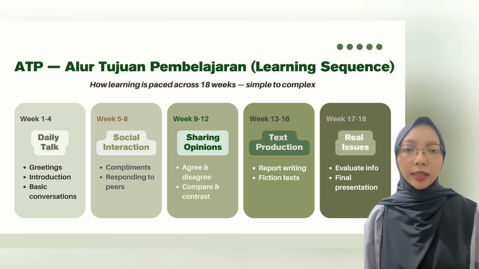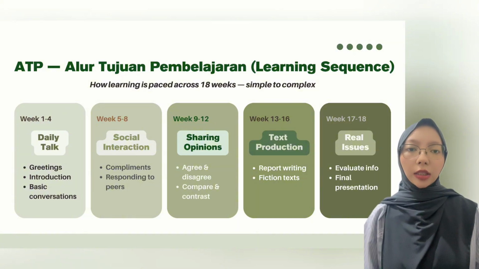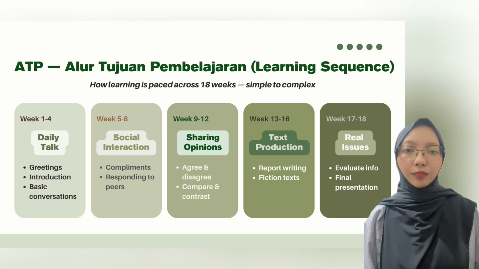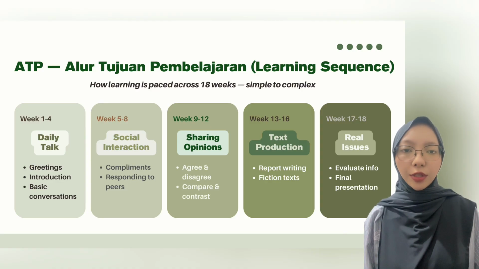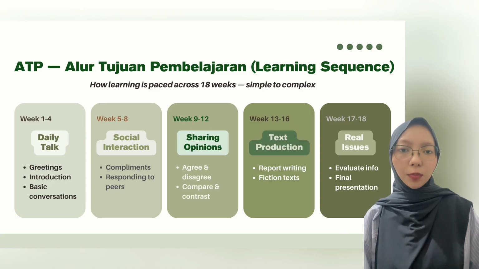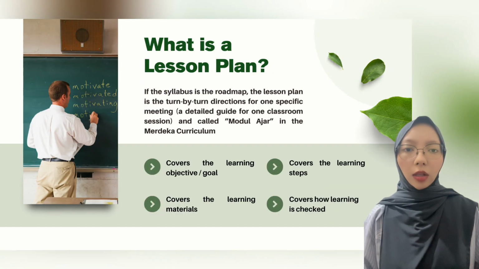And by weeks 13 to 16, for text production, students practice report writing and read fiction. And finally, weeks 17 and 18, we tackle real issues where students evaluate info for a final presentation. Now let's move to part 2.